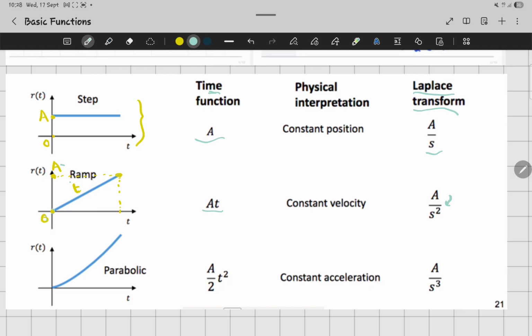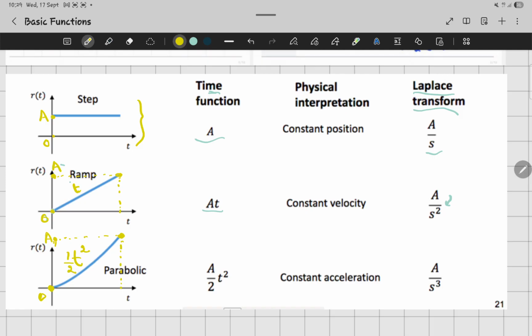Alright, we also have a parabolic function. This is another function, but we're not gonna speak much about this one. This is where you have your starting point where you have 0. Okay, this is where the amplitude is. So that's what you see, and this one is going to be t squared over 2.